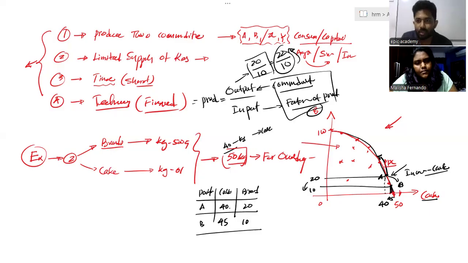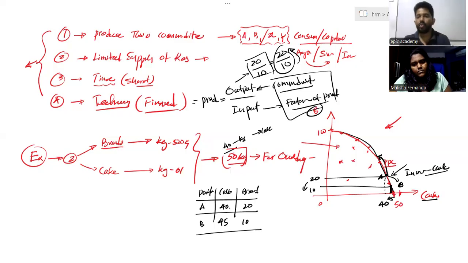So this is the concept of opportunity cost. You can represent it by using the production possibility curve, right? We studied the concept of opportunity cost earlier, but it is very easy to clarify that concept by using the PPC curve.